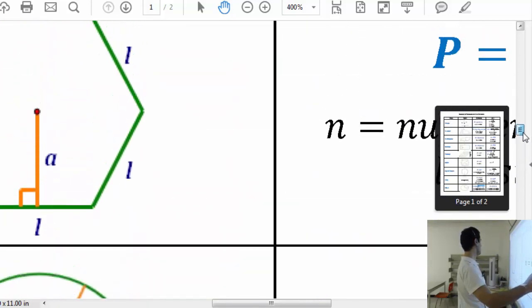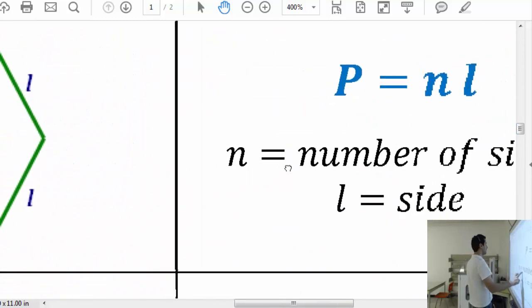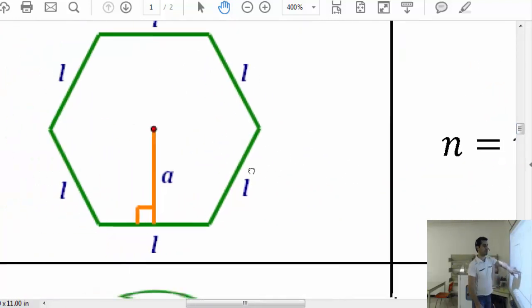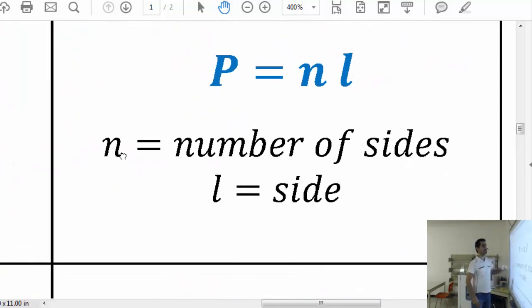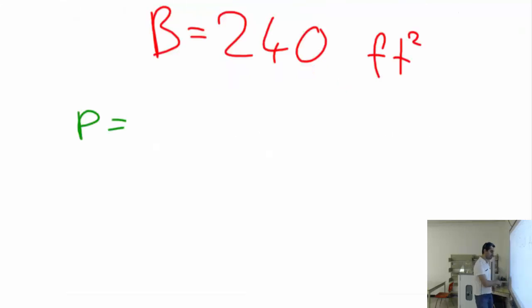No, it's up there somewhere. Yeah, polygon. This is the polygon, right? So the perimeter formula, I told you we need this. Perimeter formula is P equals NL. Let's go ahead and write that down. NL. So perimeter equals N.